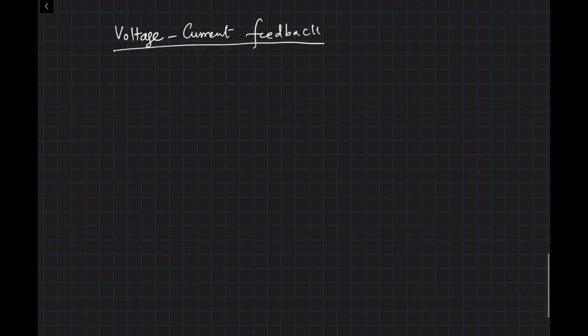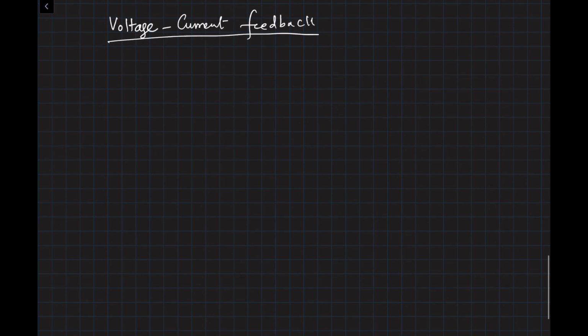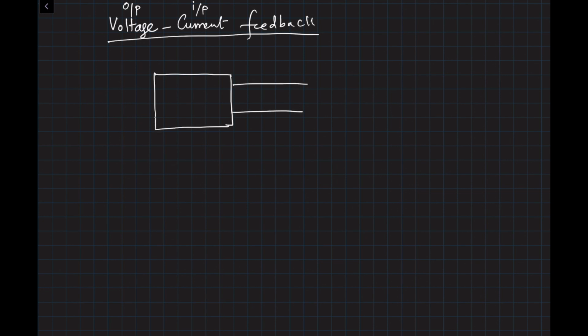As I said again, what this means is that the first term is the output sense and the second term is input return. This signifies that we have an amplifier, and since we are sensing the output voltage, we have plus minus V out like this, and then this is going into our feedback factor beta.